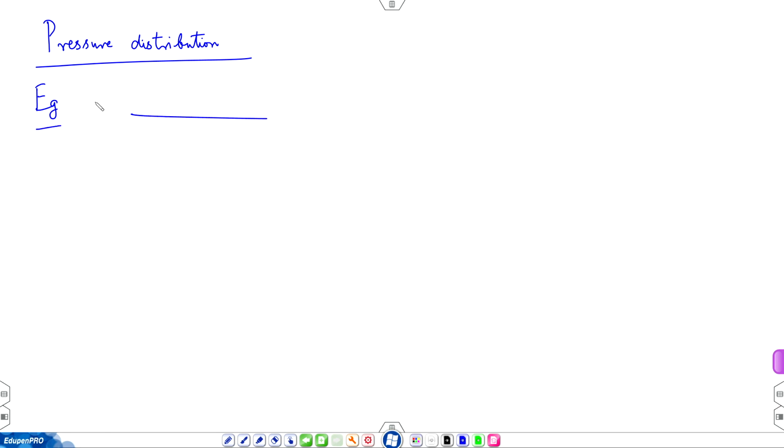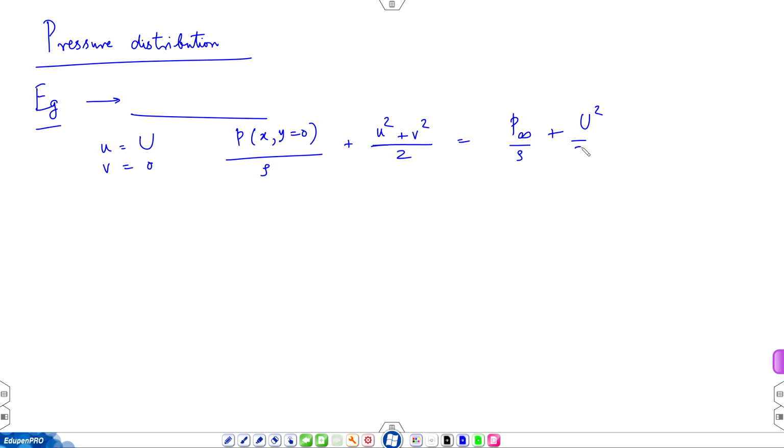In the first example, we had flow over a flat plate, where phi was equal to capital U x and we got u equal to capital U, v equal to 0. So, p at y equal to 0, the wall pressure divided by rho, plus (u square plus v square) over 2, is equal to P infinity over rho plus capital U square over 2, which tells us that p equals P infinity.